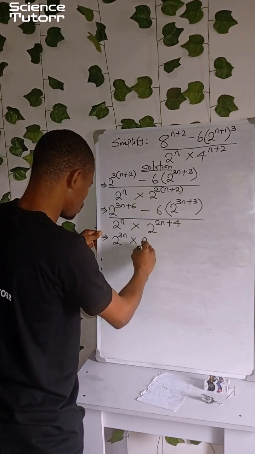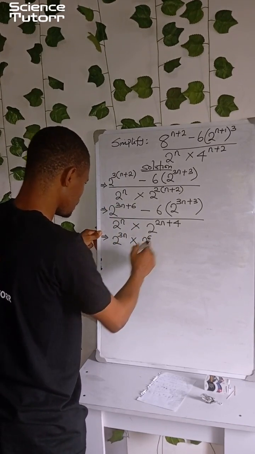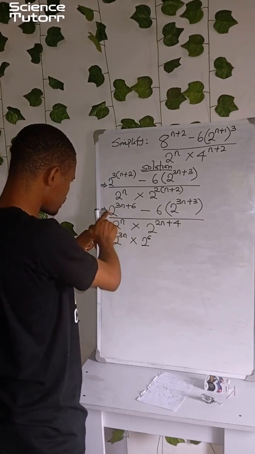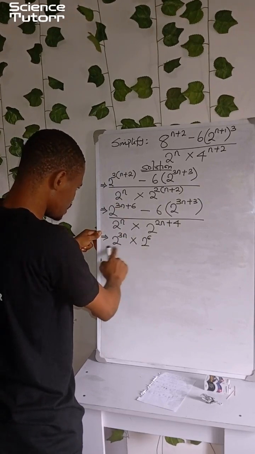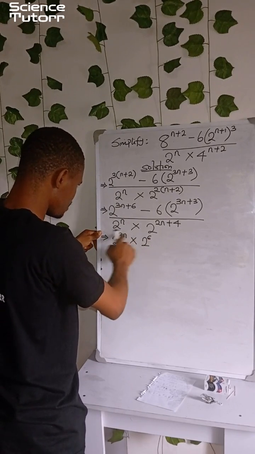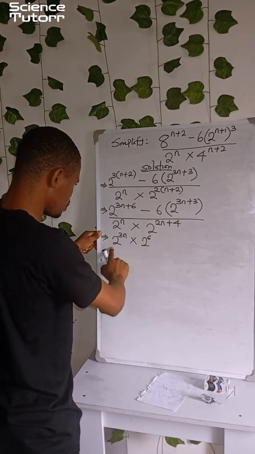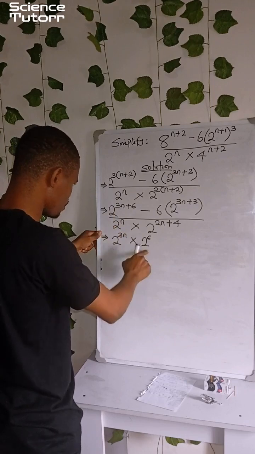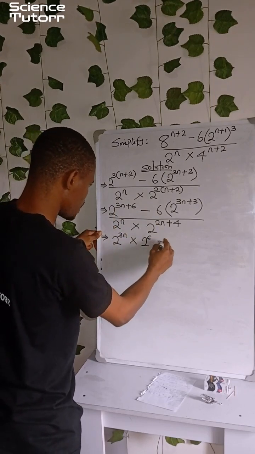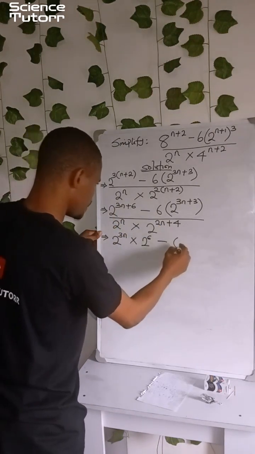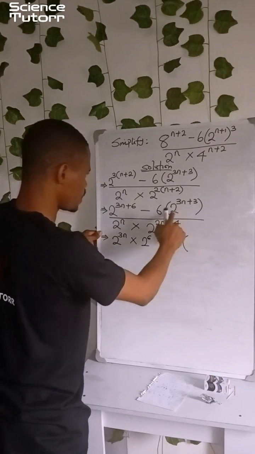This is another way of writing this. When the bases are the same, we add the power, and that is what we have here. So this can be written in this form. I have my minus sign. This is 6. Now let's do the same to this.